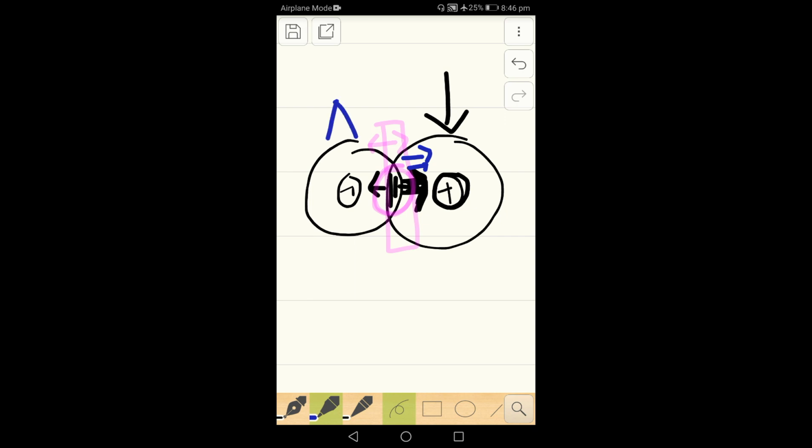Suppose this is atom A and this is atom B, and these are the bonding electrons.